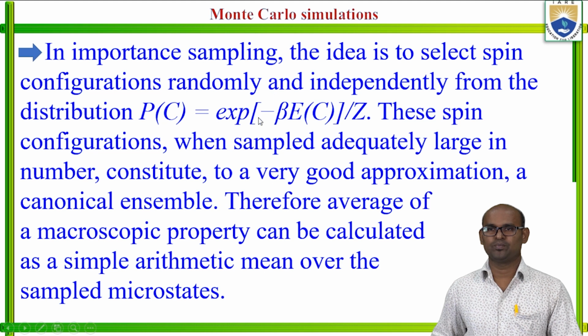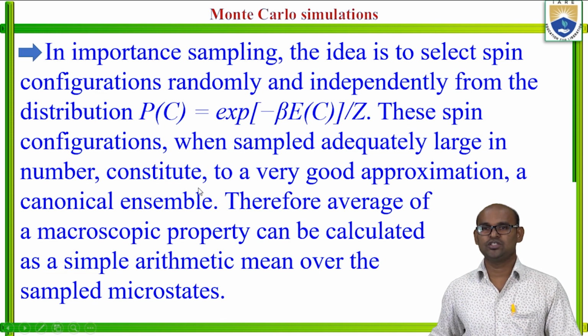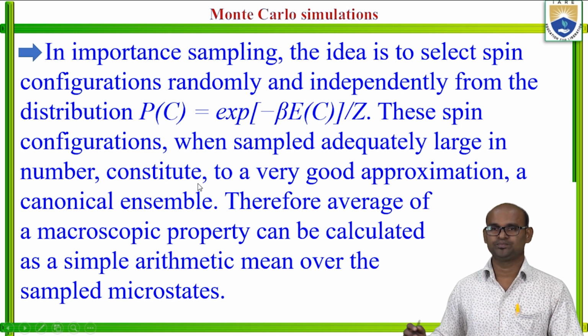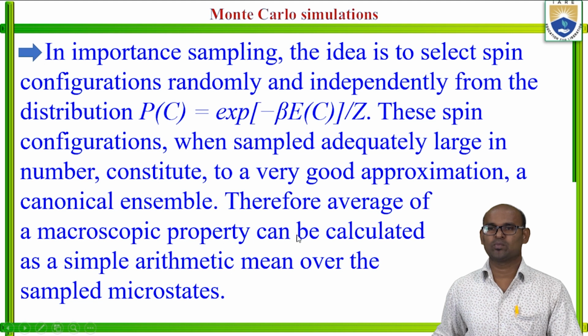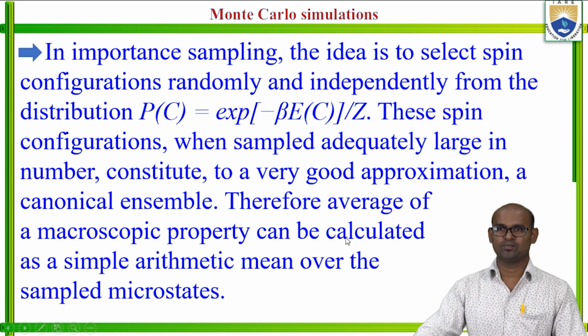This is for a canonical ensemble. So these spin configurations, when sampled in an adequately large number, constitute to a very good approximation a canonical ensemble. Therefore, the average of a macroscopic property can be calculated as a simple arithmetic mean over the sampled microstates.